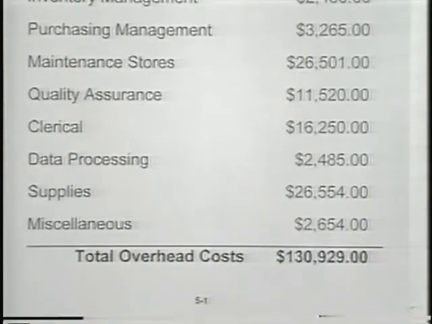Those three would truly represent the actual internal cost for a maintenance work order.